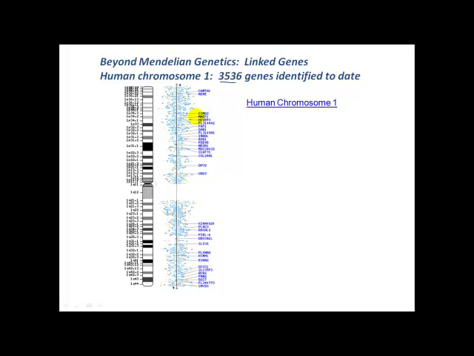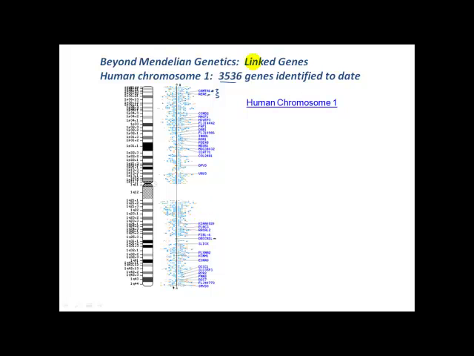And so if we're thinking about the assortment of these genes during meiosis, we would expect that genes that are very close together along the chromosome are going to tend to be inherited with one another, right? Alleles of these genes are going to go together, whereas alleles of genes that are very distant from one another on the same chromosome are very likely to have recombination events at some point along that chromosome that could potentially separate those alleles from one another on the chromosome, right?